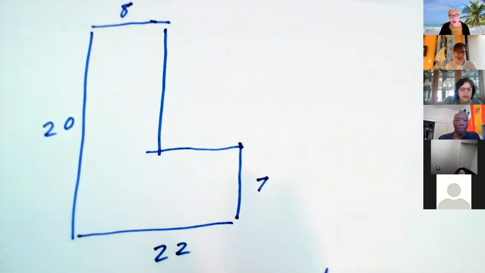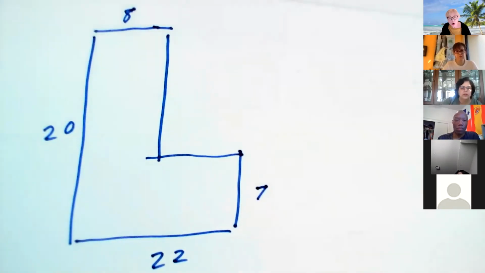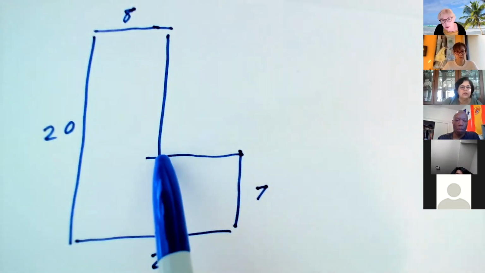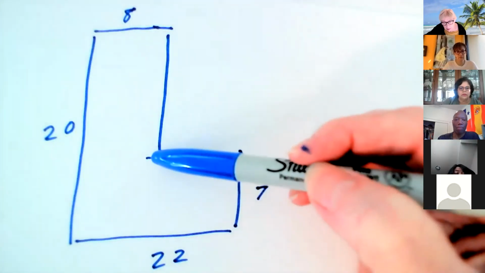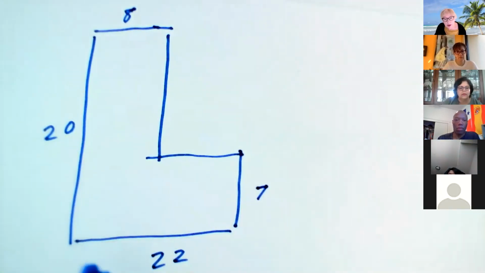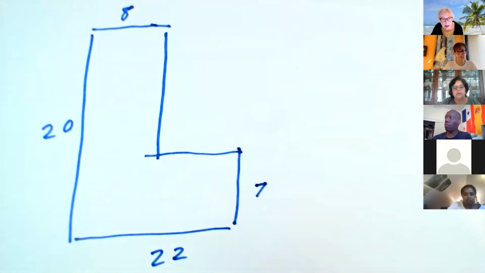So here's what it looked like. And you had almost all of the measurements, but not all of them. So what you don't have is this one, and you don't have this one. You have the others, the 8, the 20, the 22, the 7, those are all good, but you can get them because this was basically squared off like a rectangle.